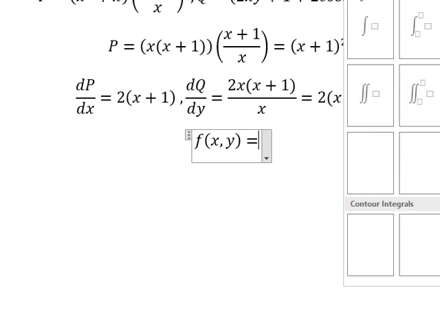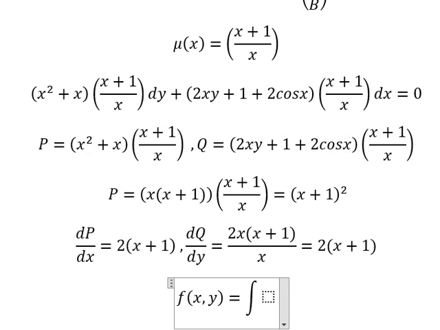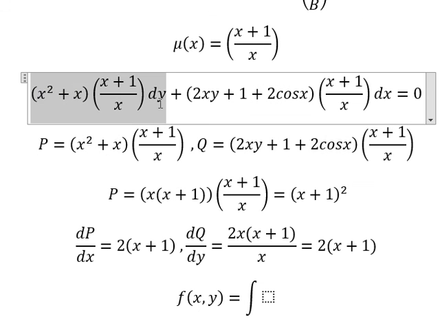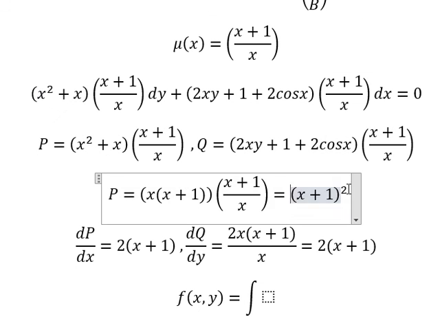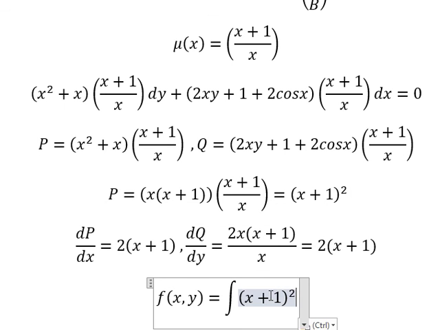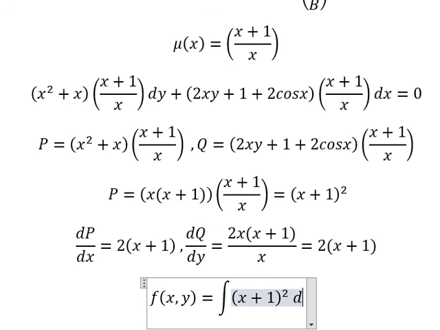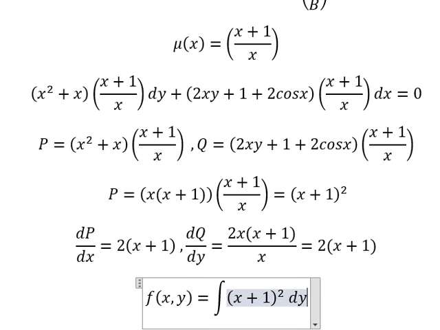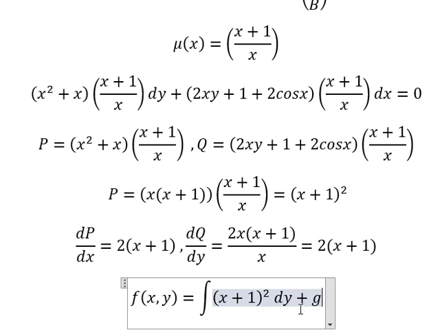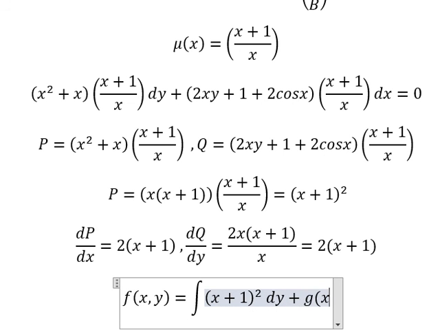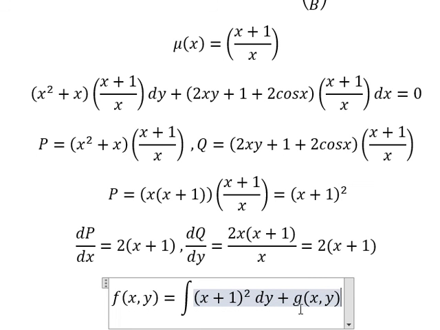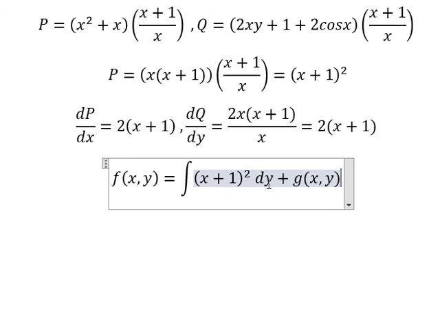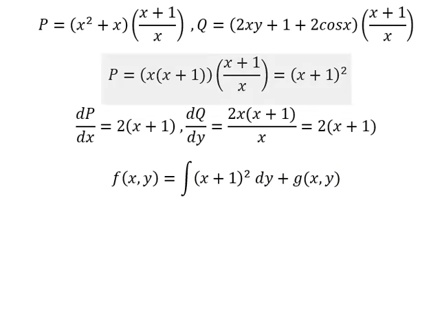And we have the integration. So we have this one in here. That means this one in here. The integration with dy, we have y.